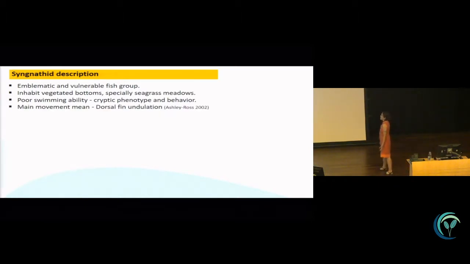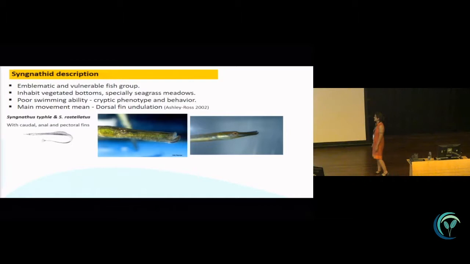Their main means of movement is the undulation of the dorsal fin, and the absence or presence of different kinds of fins is one of the traits used to distinguish among species. I'm going to present here the 4 species we worked with in this study. 2 of them were from the genus Syngnathus. Syngnathus typhle is this one on the left, and this one on the right is Syngnathus rostellatus.